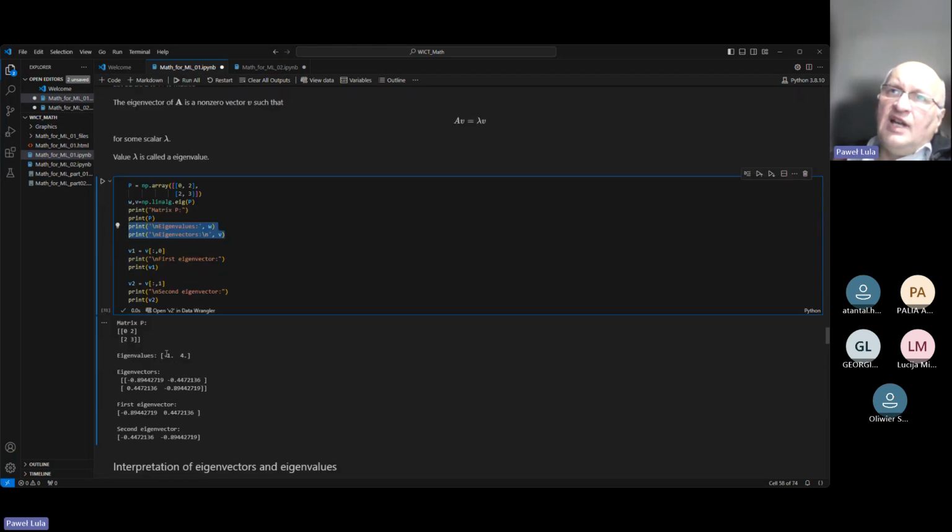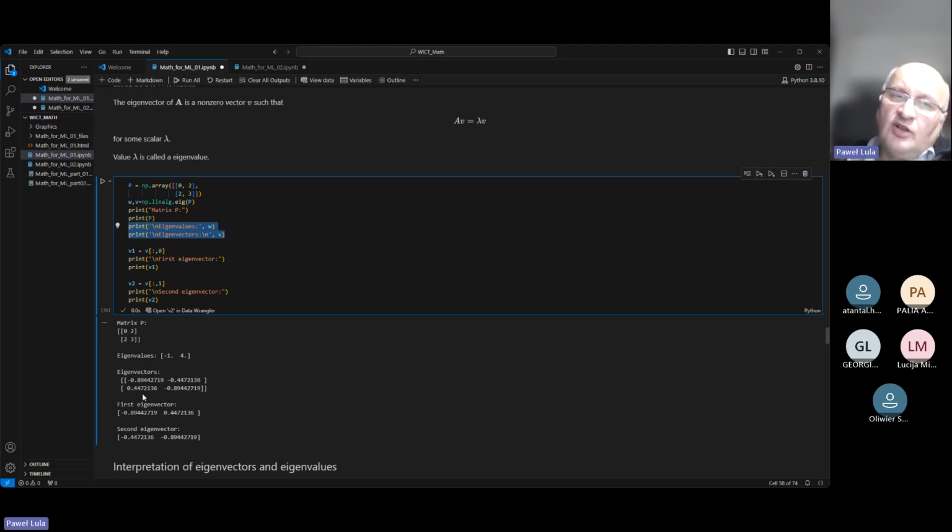So we see eigenvalues here, and a matrix with eigenvectors. But we should remember that we have eigenvectors in the columns of this matrix. So the first eigenvector is the first column, not the first row, but the first column of this matrix. So the first eigenvector is here, the second is here. So we have 2 eigenvalues and 2 eigenvectors.